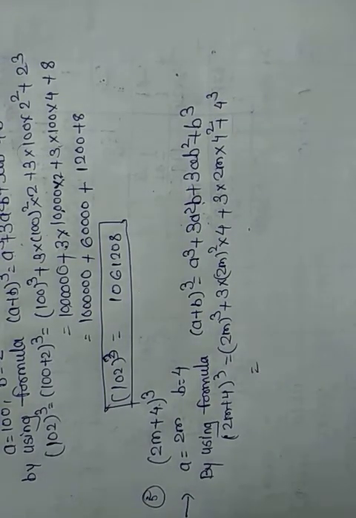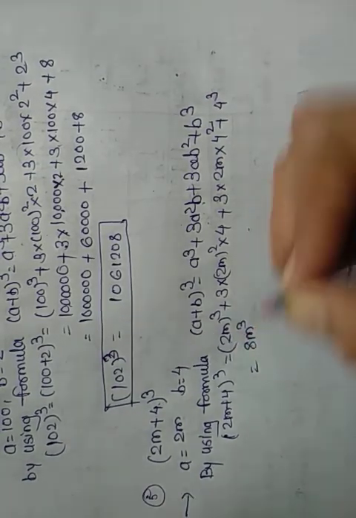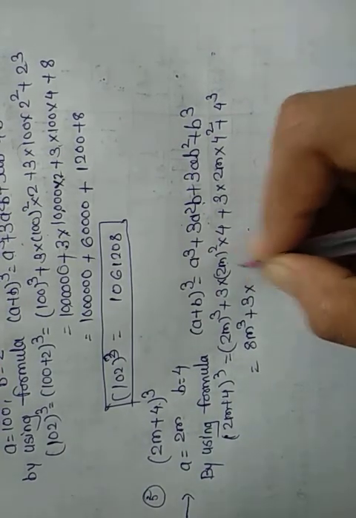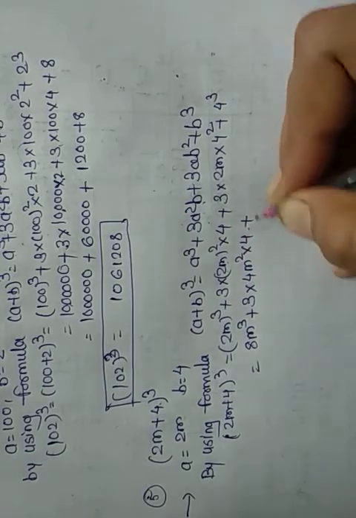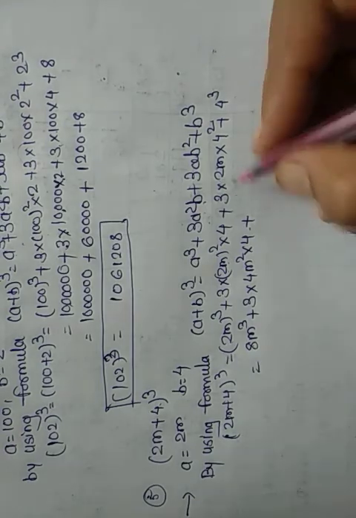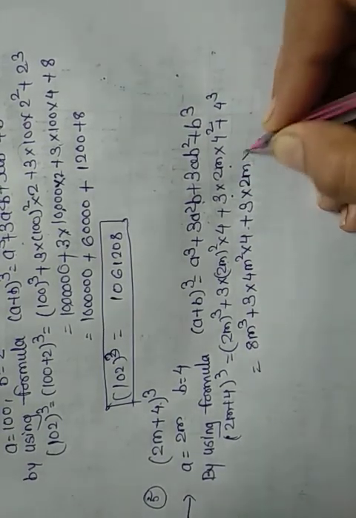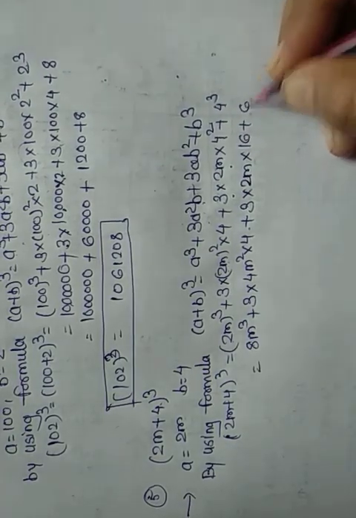Let's see here. (2m) cube means 8m cube. The cube of 2 is 8. So 8m cube plus 3 into square of 2m, that is 4m square, into 4 plus 3 into 2m into square of b is 16 plus cube of 4 is 64.